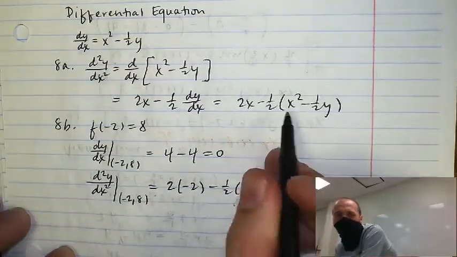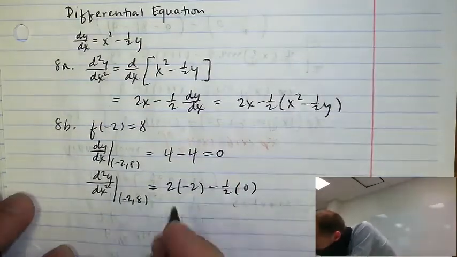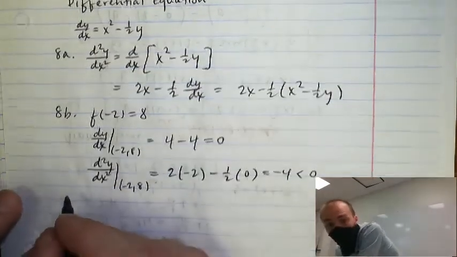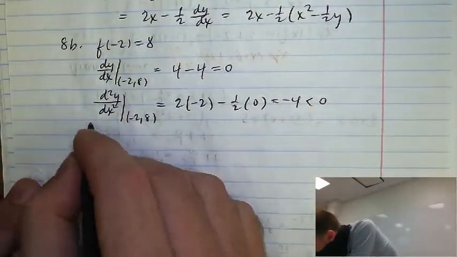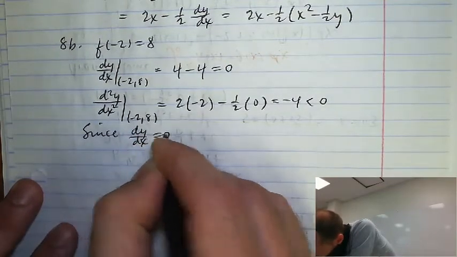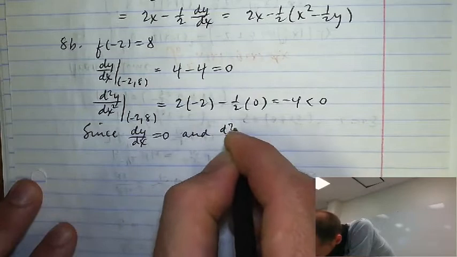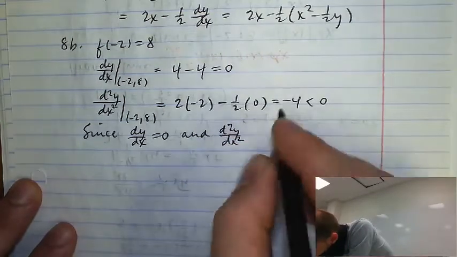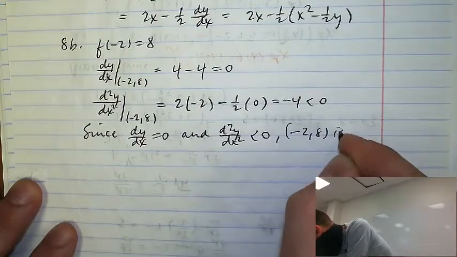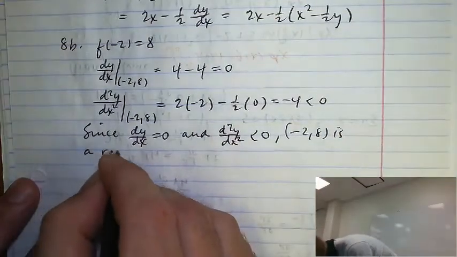Well, I know dy dx was 0, so there's no sense in doing that computation twice. So I've got negative 4, which is less than 0. So I'm going to say that since dy dx equals 0 and the second derivative of y with respect to x is negative, negative 2, 8 is a relative maximum.